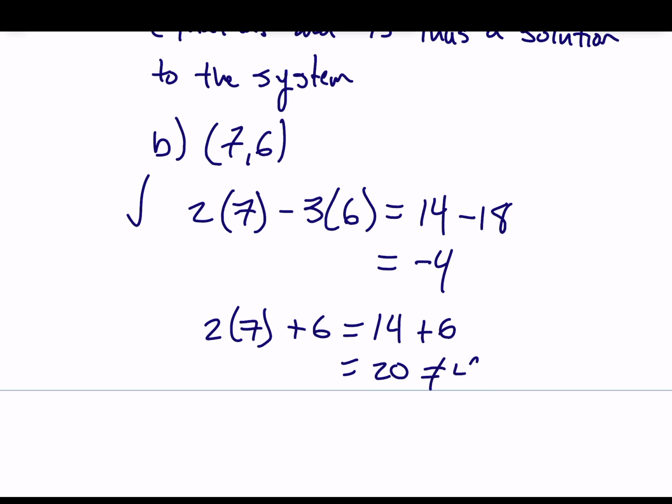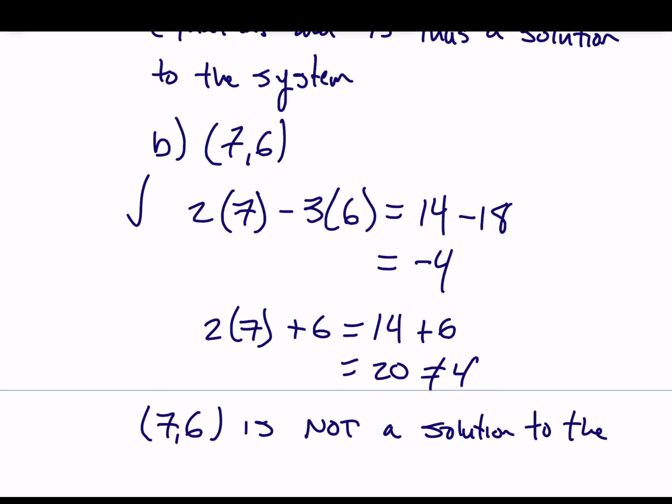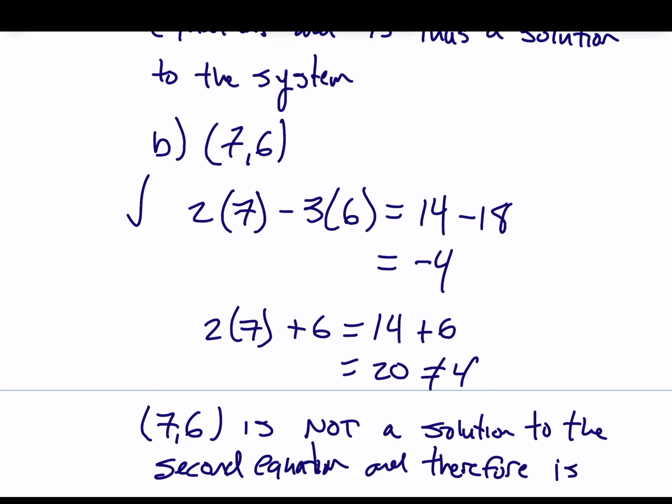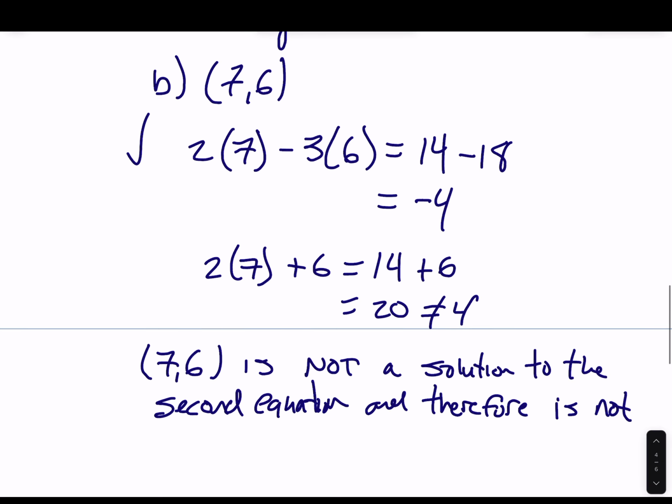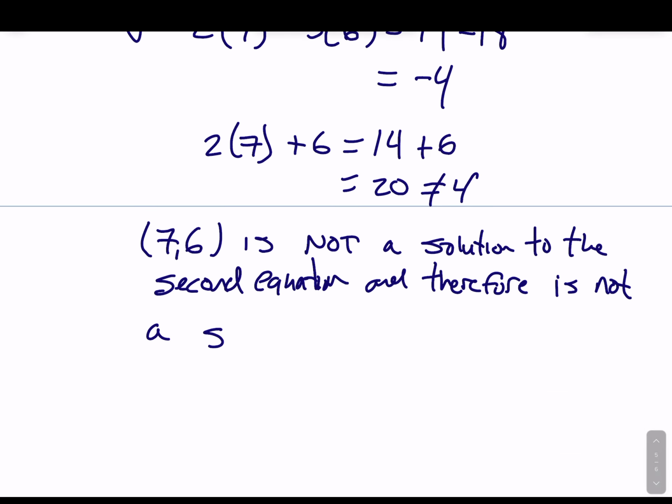And what should it be? Well, it's not equal to 4. So (7, 6) is not a solution to that equation. Not a solution to the second equation. And therefore it is not a solution to the system.